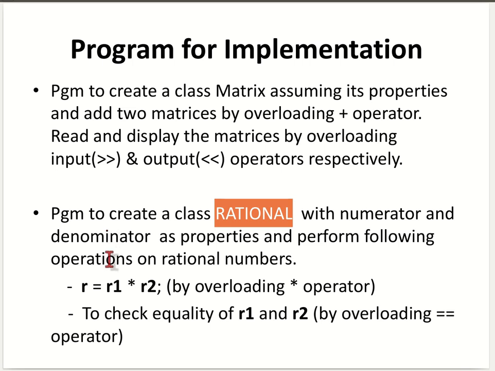If we do R1 * R2, it must produce the output numerator times numerator and denominator times denominator. So we have to overload the multiplication asterisk operator, and we also have to overload the double equals operator for checking the equality of R1 and R2.